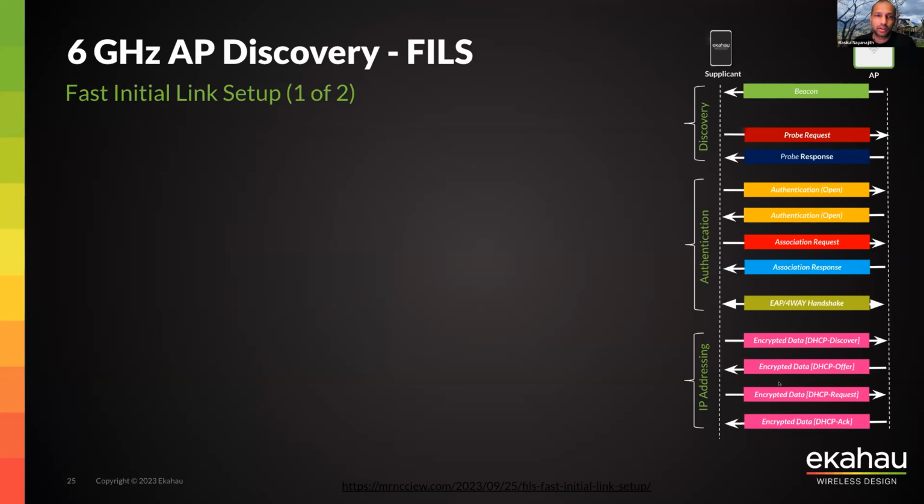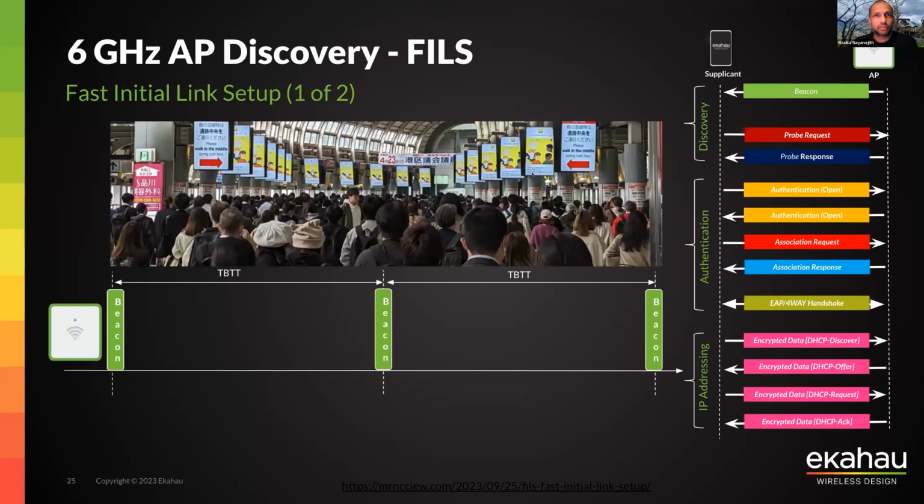Initial client connection goes through these frame exchanges. Now FILS looks at how to improve the time taken for each of these three phases. In that way, the mechanism called the 11ai amendment came, fast initial link setup, adding mechanisms to reduce this time. Think about a very busy environment, like a train station. If a client is waiting for a beacon frame to discover, sometimes people come to the station and jump into a train that is moving fast.